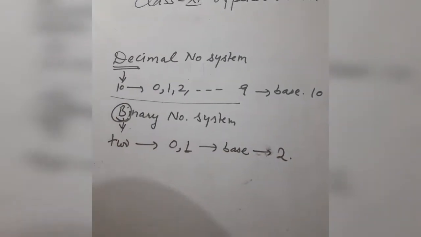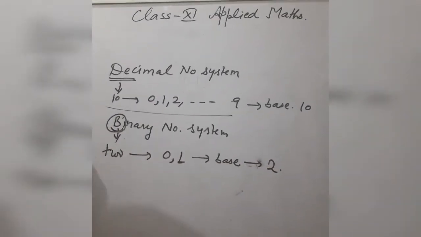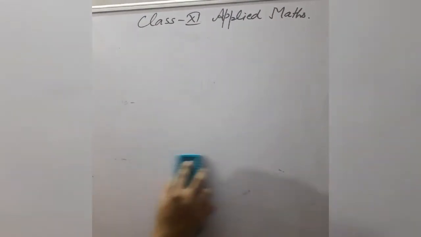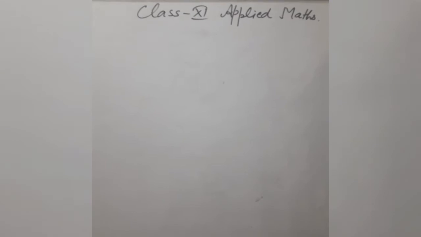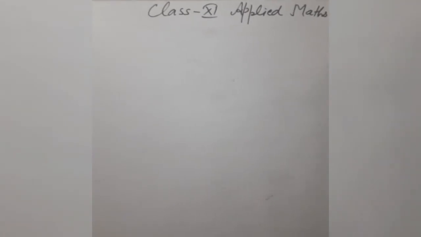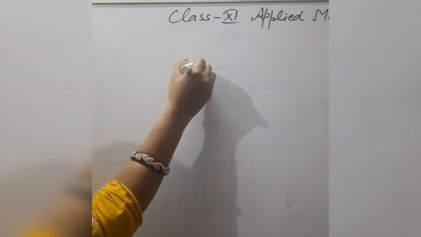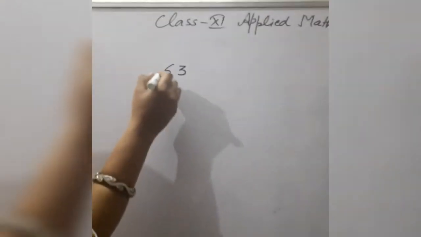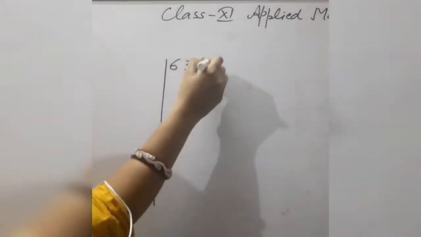So let us start this topic, binary number system. Suppose any decimal number is given to you. How will you change this number into a binary number? Suppose 63 is the decimal number given to you, and we will change this 63 into a binary number.